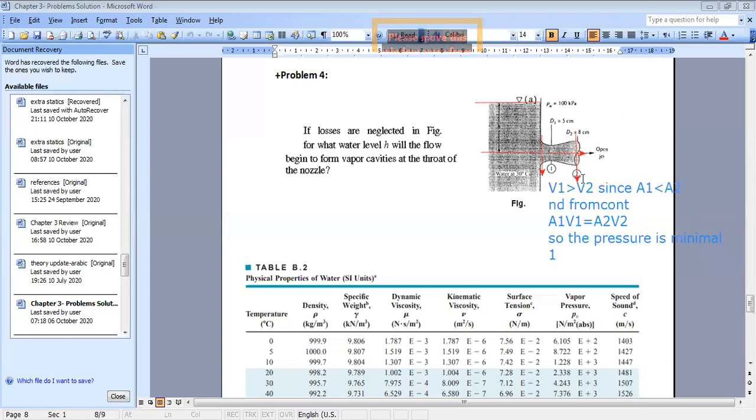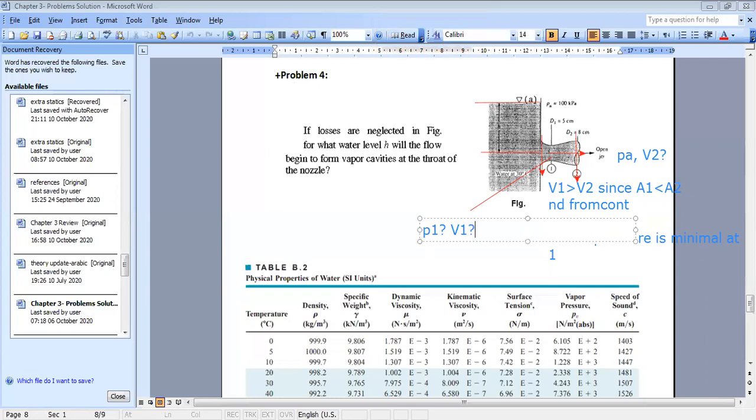First, I know that this jet between 1 and 2 is open to the atmosphere, so I know that the pressure here is PA. But I don't know the exit velocity, so I don't know V2. Concerning section 1, P1 is unknown and V1 is unknown.